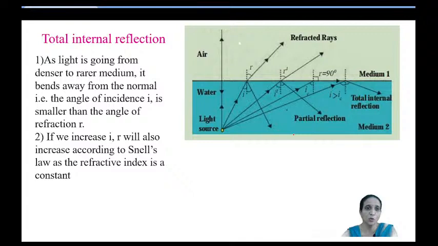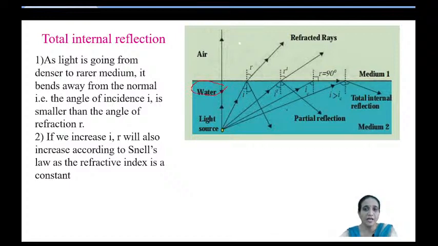As the light is going from the denser medium to the rarer medium, it bends away from the normal. That is, the angle of incidence i is smaller than the angle of refraction r. Over here, which is the rarer medium, children? You will see air is the rarer medium and water is the denser medium.